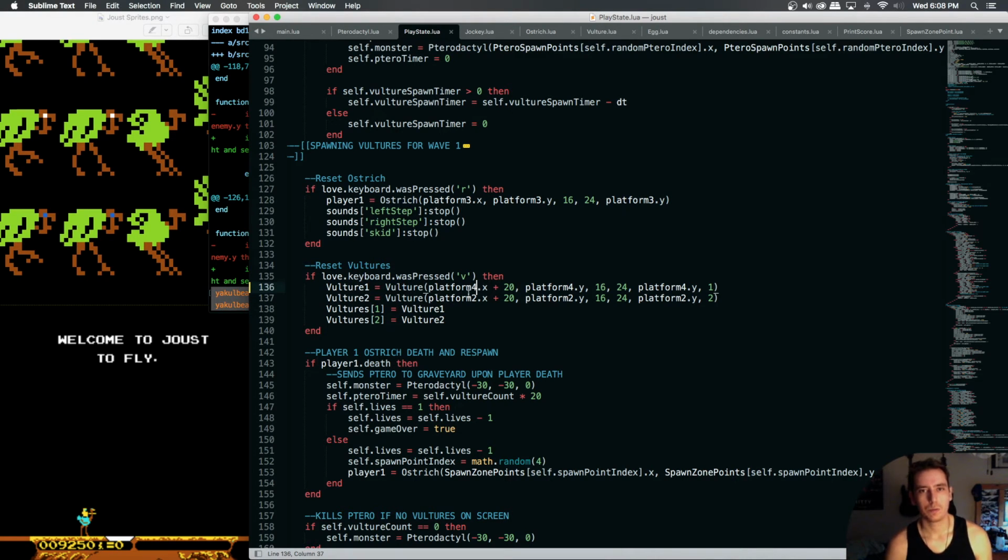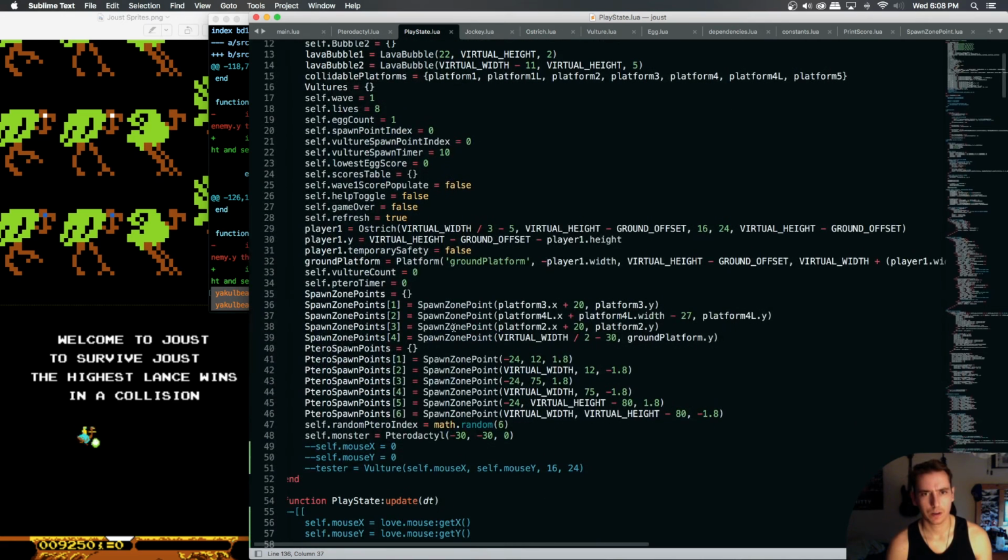And then, so why is it that, oh, platform 4. Yeah, we don't want the platform 4, we want the spawn point. So let's just plug in the X and Y of our correct spawn point.